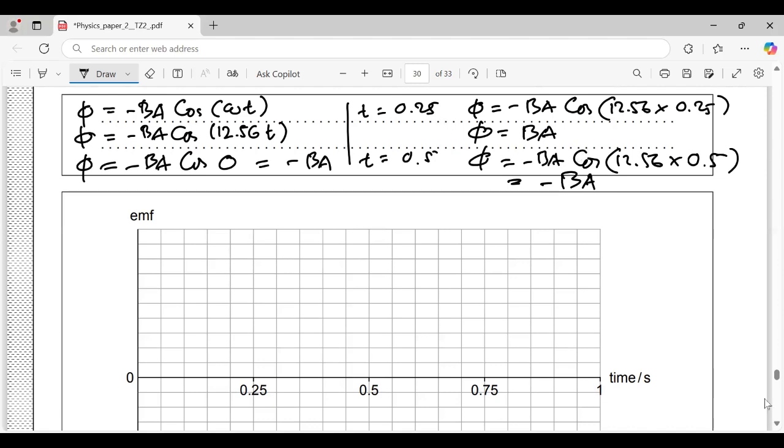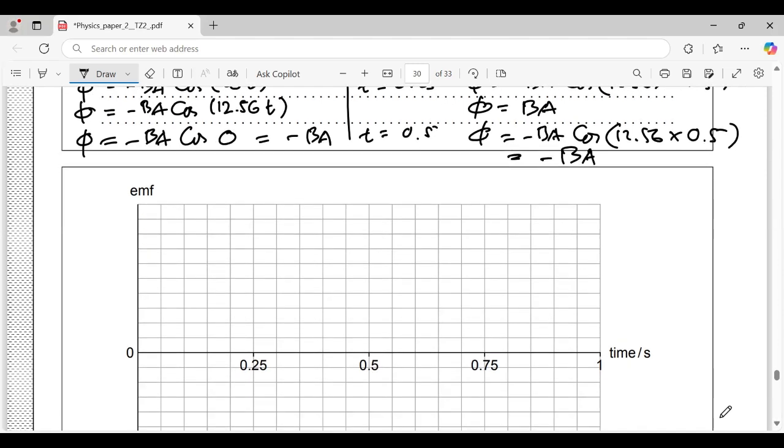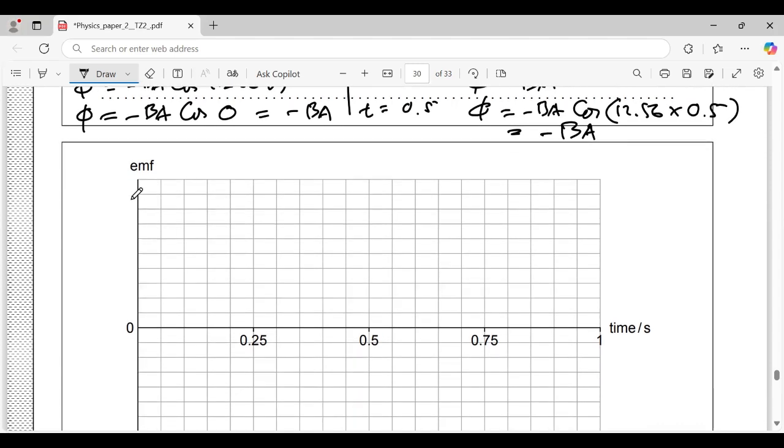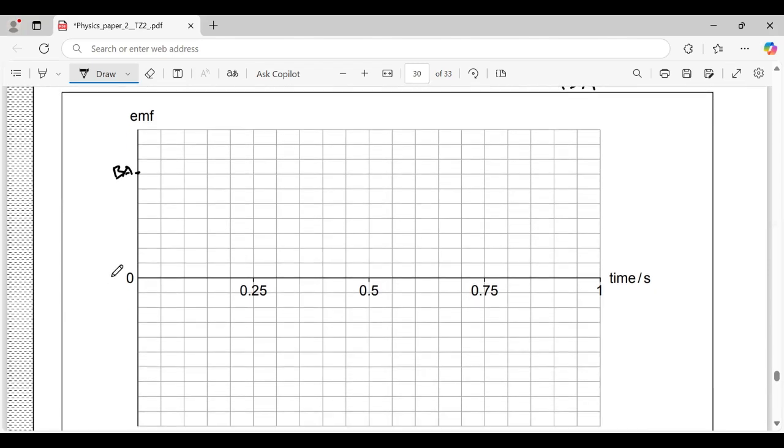So if we sketch it, it becomes like this. I would like to determine the axis, for example, BA here, and minus BA here.